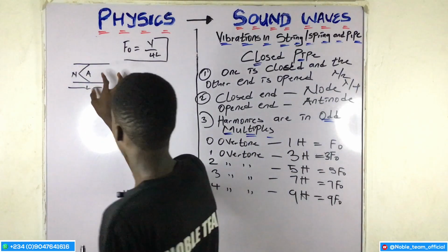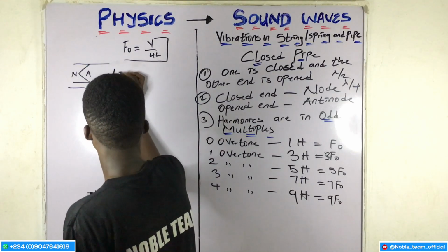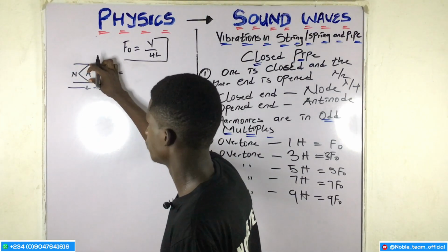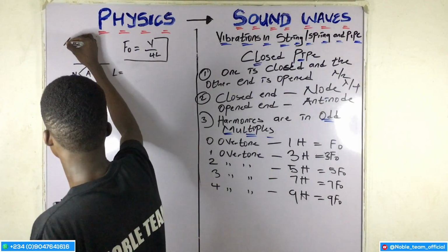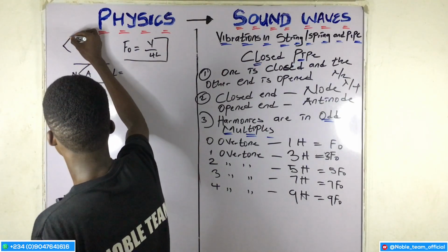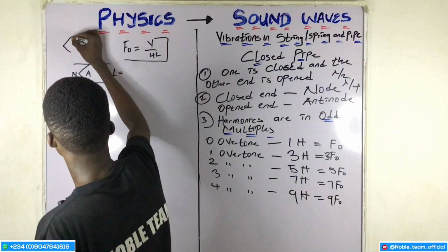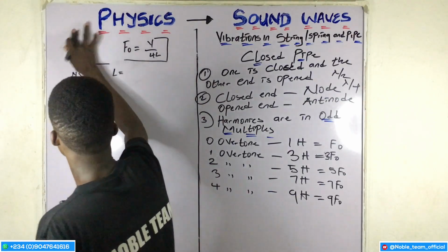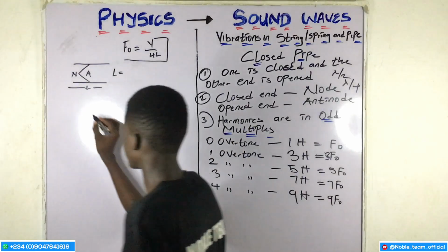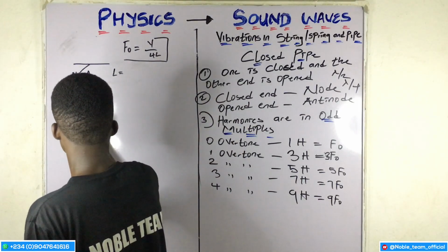So my L is equal to this antinode now. So this is not up to a full loop. A full loop is like saying that it is like this. Let me explain this very well. A full loop is like saying that we have this.